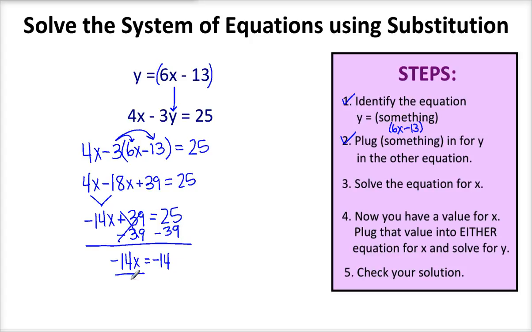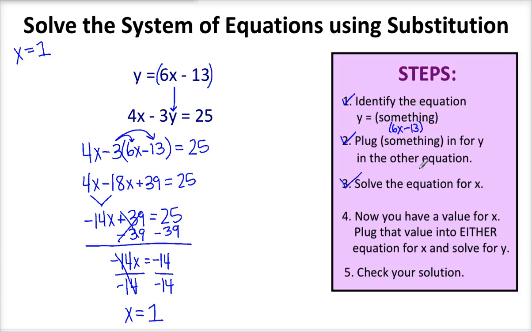Now to finish up, I will divide by negative 14 on both sides in order to get x by itself. Negative 14 divided by negative 14 is 1. So I'm left with 1x equals 1. Okay, so we solved the equation for x and we found that x equals 1. Very good, that was step number 3.